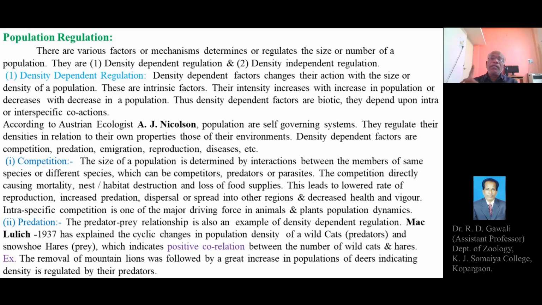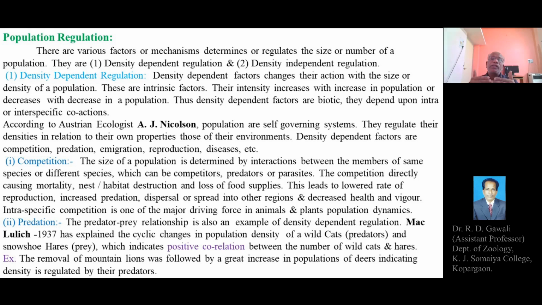Thus, we can say density dependent factors are biotic factors, and they depend upon intra or interspecific coactions.